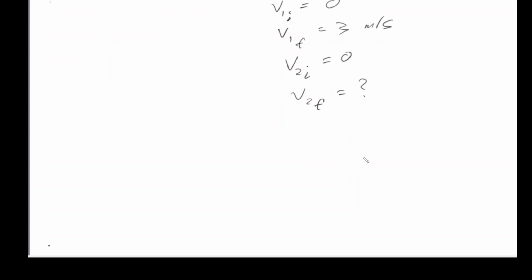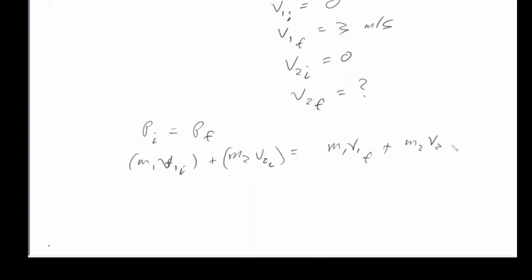So conservation of momentum says momentum initial equals momentum final. So m1 times v1 initial plus m2 times v2 initial equals m1 v1 final plus m2 v2 final.